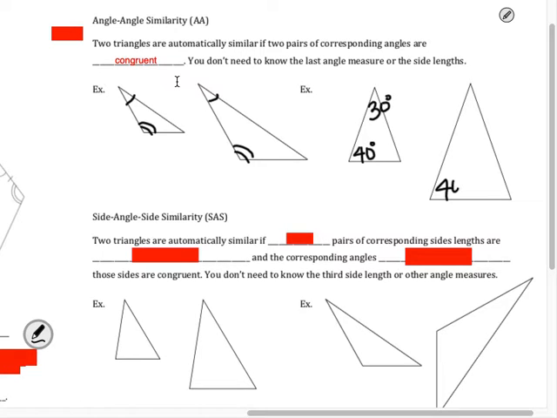I could say this is 40 degrees and 30 degrees. Now, if I'm thinking that this is an acute angle, I might need to say 60 degrees and 50, 60 degrees and 50. That way that third angle is actually acute. Okay?